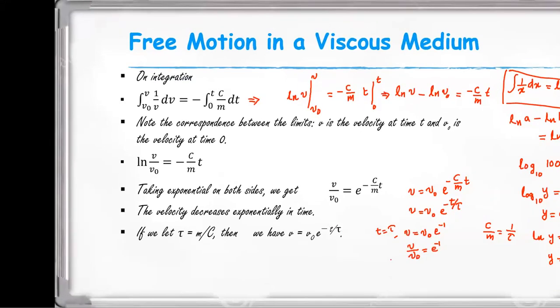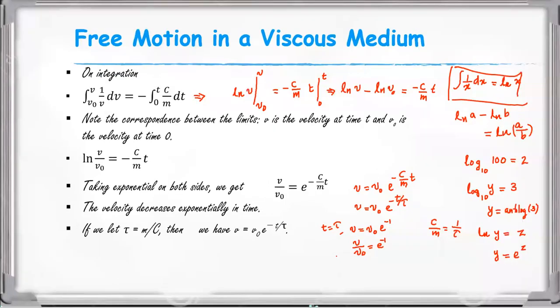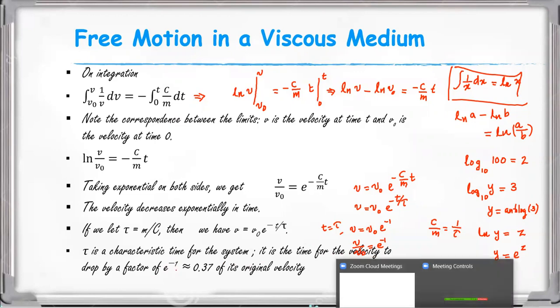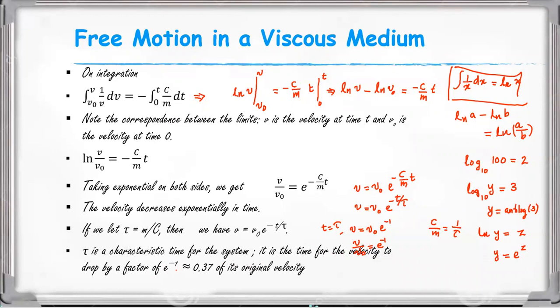Okay. So tau is a characteristic time, and it is the time for the velocity to drop by a factor of e raised to minus 1.